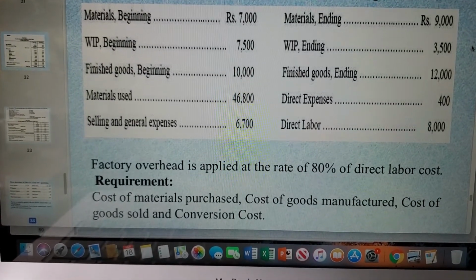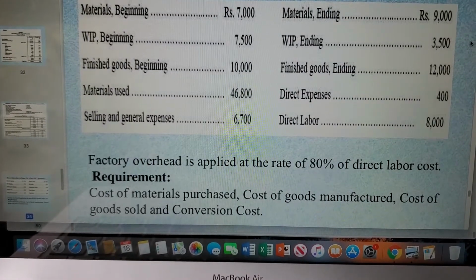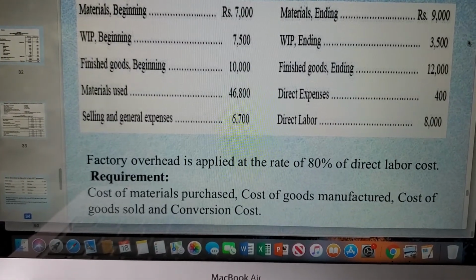Factory overhead is applied at the rate of 80% of direct labor cost.